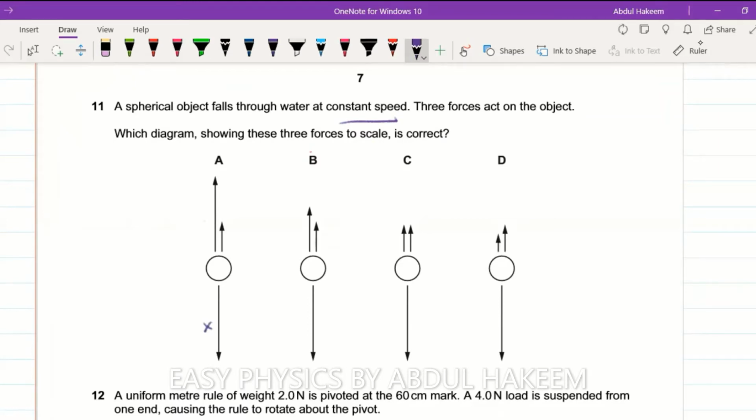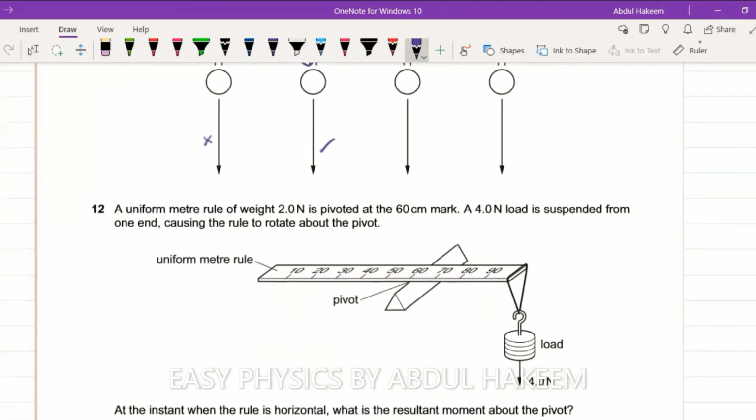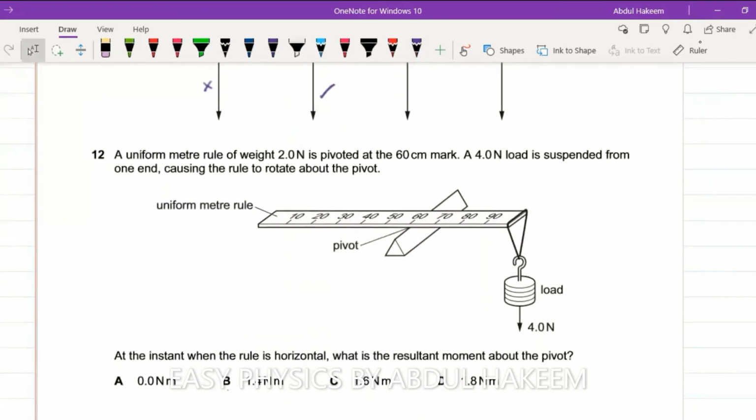And look at B, when these two arrows are added in the vertically up direction, their sum does equal the down one, so B is the answer. Because the sum of the upward forces, these two arrows added, is equal to this bottom down arrow. So this is the correct option, because for constant velocity there must be equilibrium. Sum of upward forces must be equal to sum of downward forces.